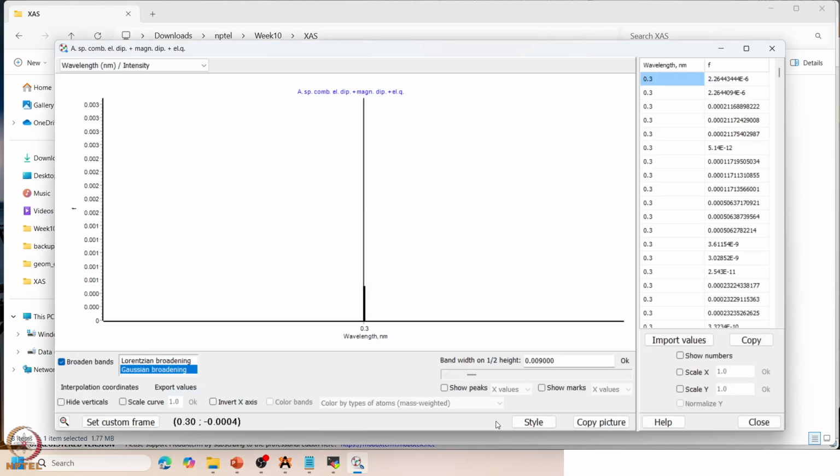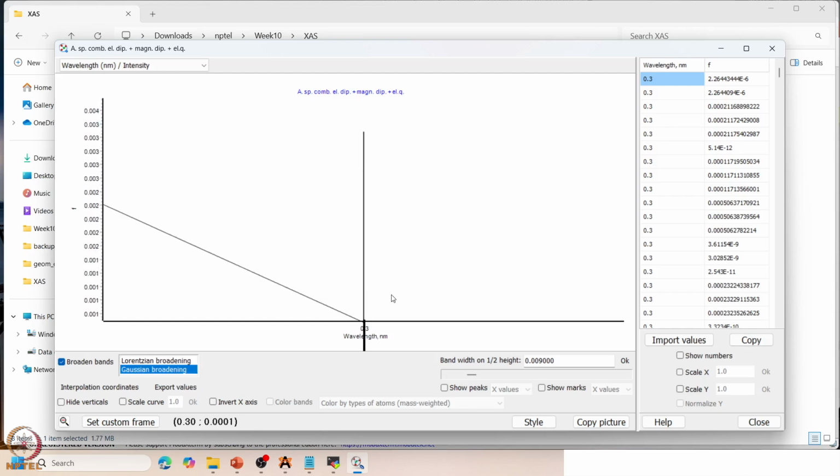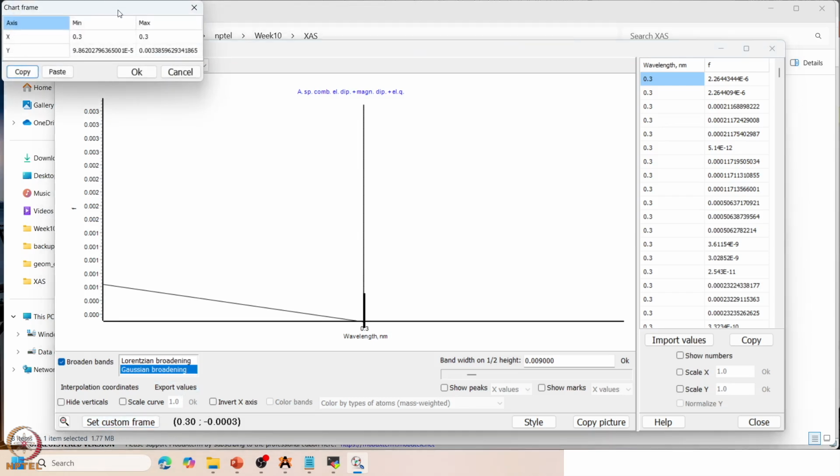We need to get the range a little bit there, because all my energies are around 0.3. So, I need to change the frame.